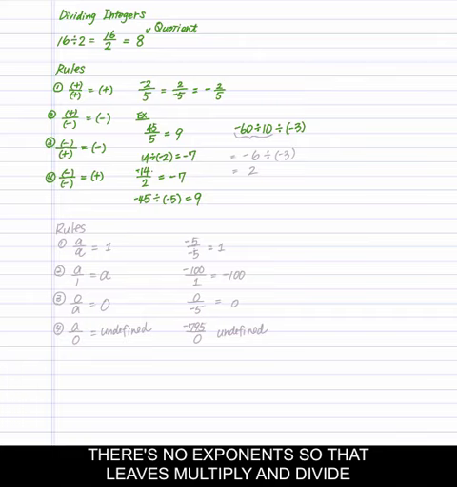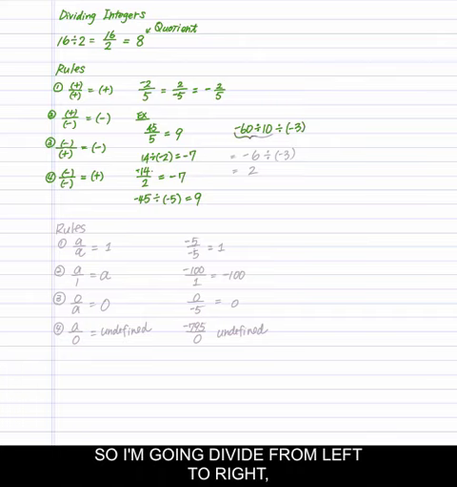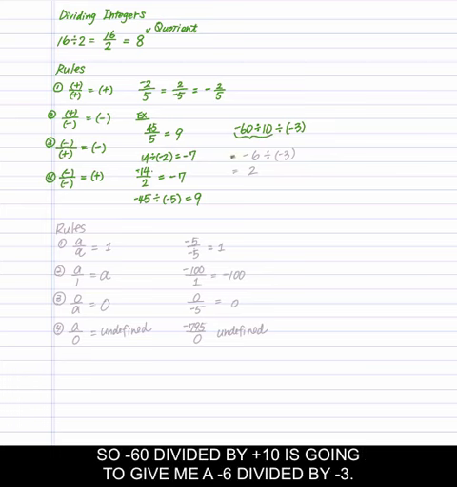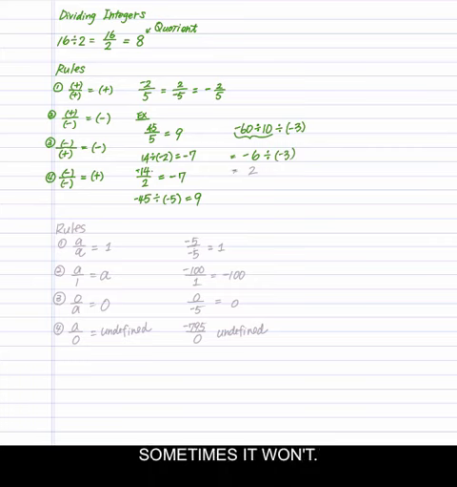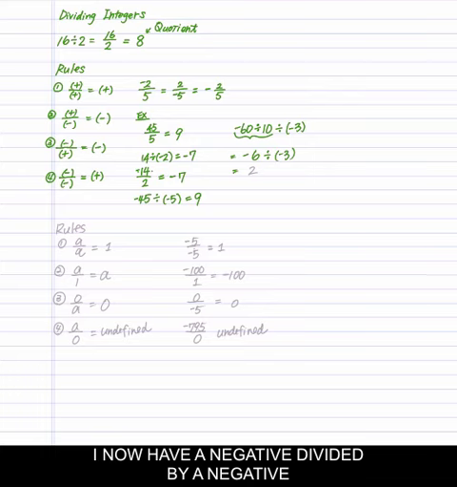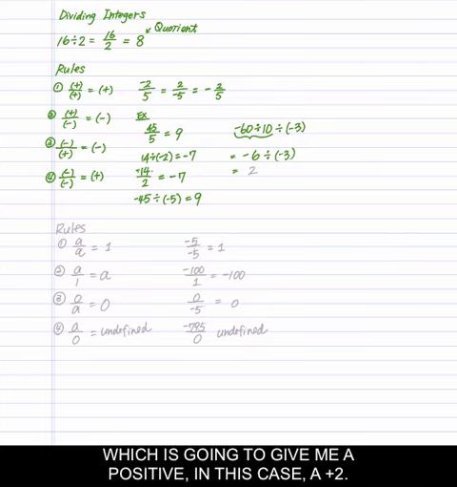There's no exponents, so that leaves multiply and divide. So I'm going to divide from left to right. So negative 60 divided by positive 10 is going to give me a negative 6 divided by negative 3. Sometimes it'll have the parentheses, sometimes it won't. Using rule number 4, I now have a negative divided by a negative, which is going to give me a positive, in this case a positive 2.